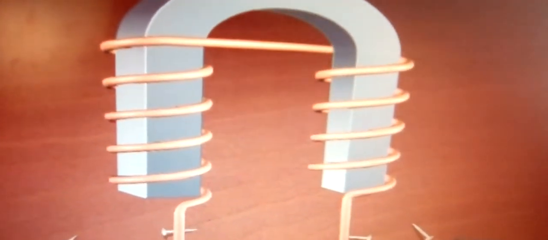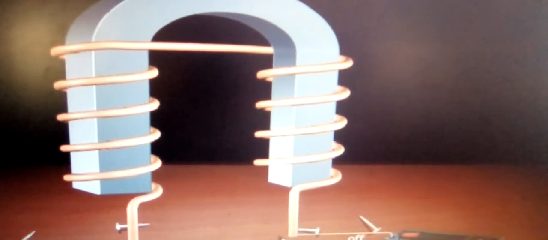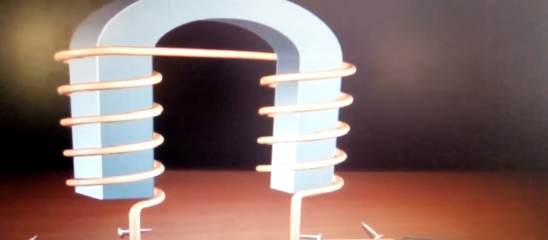However, if I use a steel, a hard magnetic material like steel, you'll find that it takes time to be magnetized, but when it is magnetized by current or any other thing, its magnetism does not go easily.